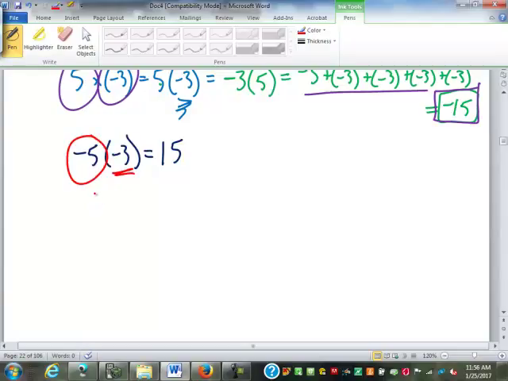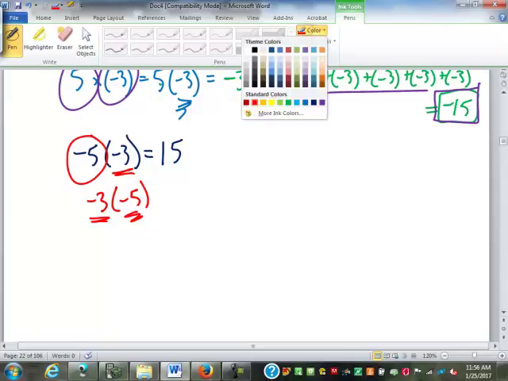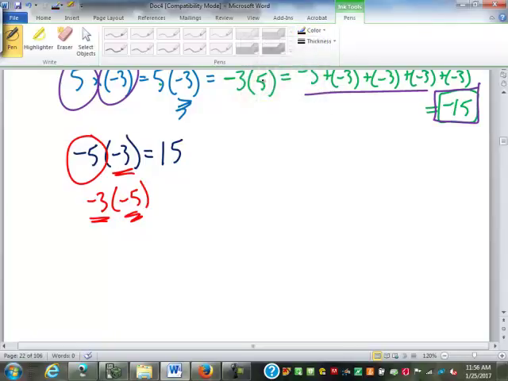Even if I change the order, I cannot take negative 3 and add it to itself negative 5 times. That doesn't make any sense. So technically, the definition of multiplication doesn't work for multiplying two negative numbers. So how do we come up with a positive 15 as our answer?